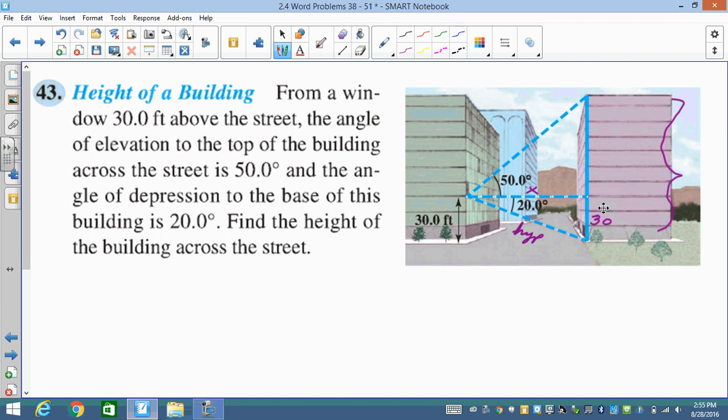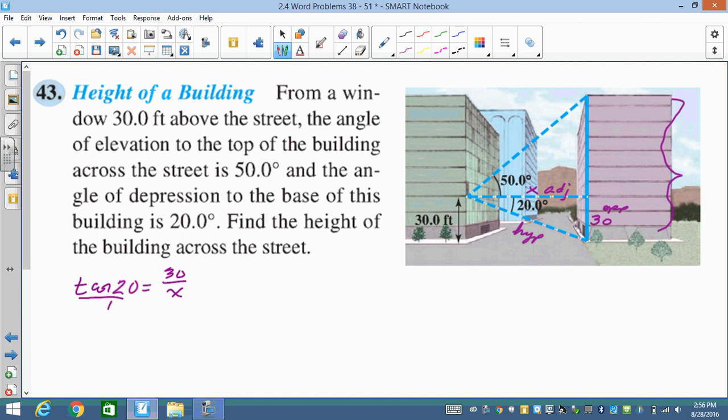From 20, this is my opposite side, and this is my adjacent side. So opposite and adjacent, we're using tangent. So tangent of 30, I lied, tangent of 20 is equal to opposite, which is 30, over x.